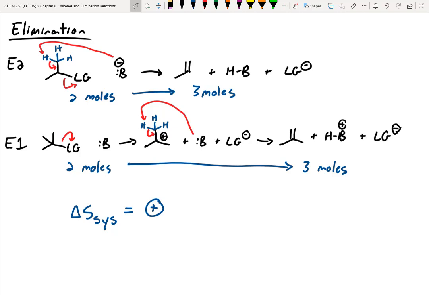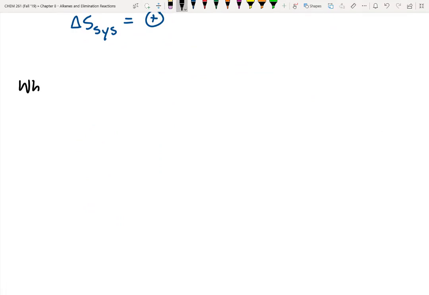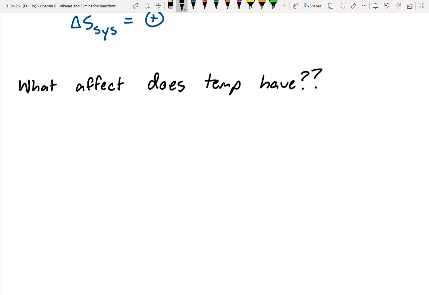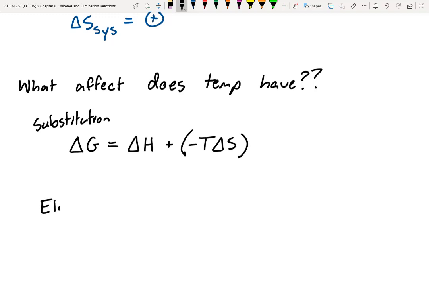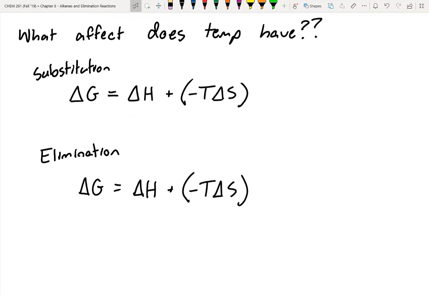Do you think elimination is going to be favored under high temperature or low temperature? Check with your neighbor.